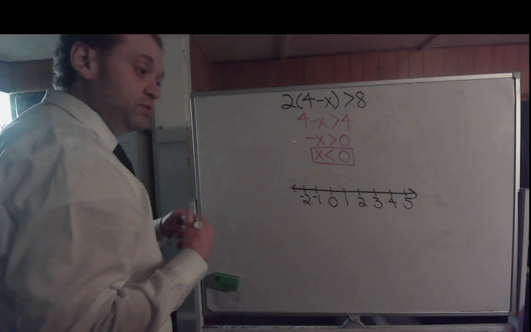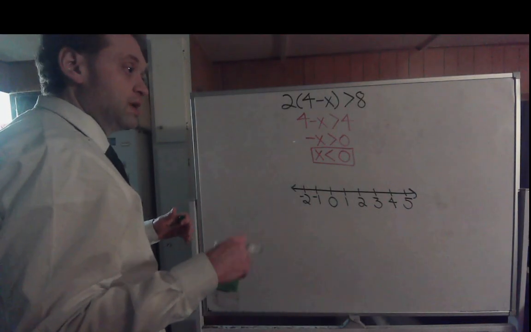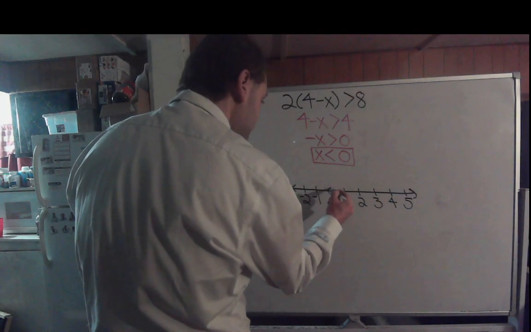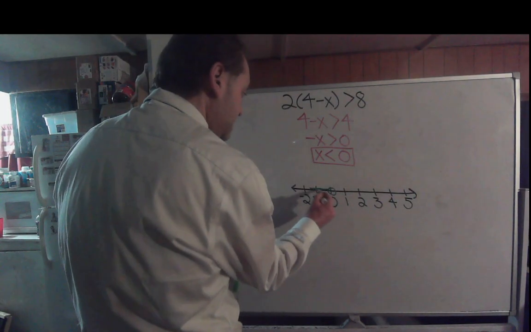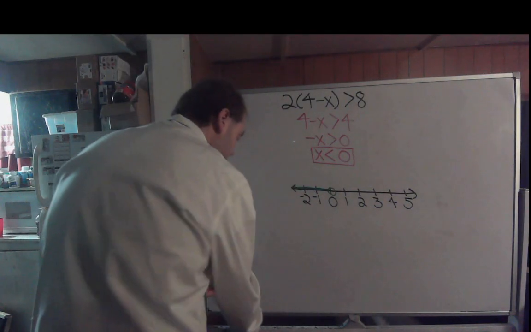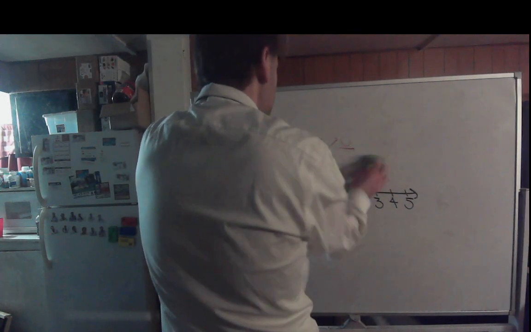It does not include 0. It's just less than 0. So since it's just less than 0 and not including 0, draw an open circle at 0 and then shade everything to the left since it's less than 0. One more like this, then we're going to get into some compound inequalities.